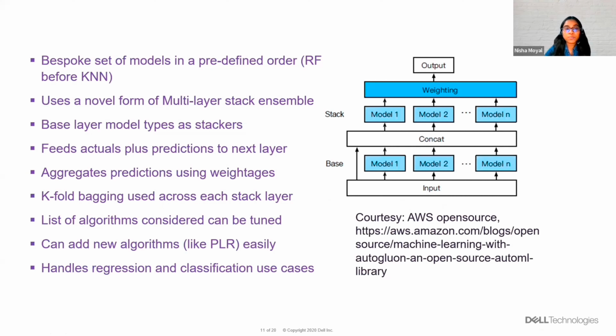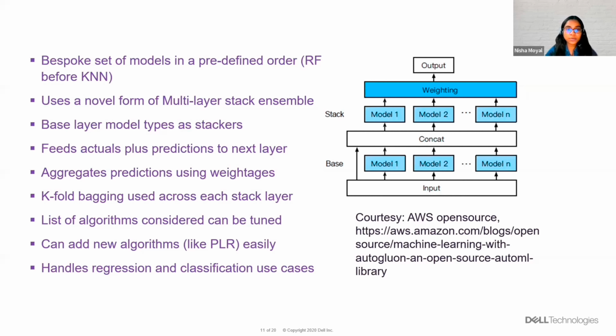AutoGluon comes with a novel form of multi-layer stack ensembling, as shown in the image on the right side, where in the first layer we can see multiple base models, and these models' outputs are concatenated and then fed into the next layer, which itself consists of multiple stacker models.